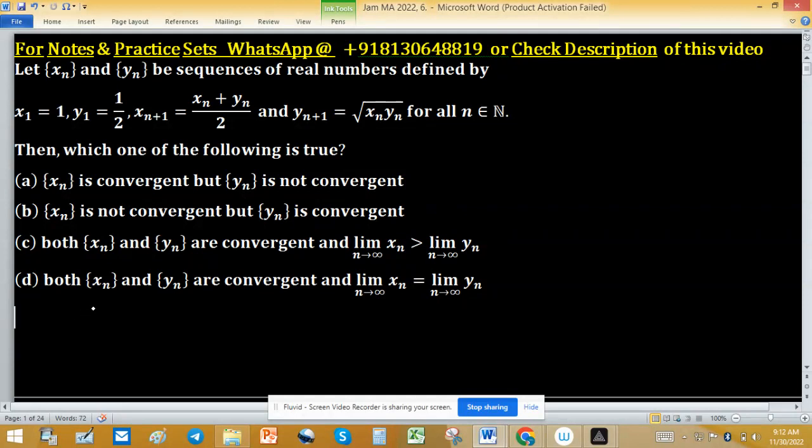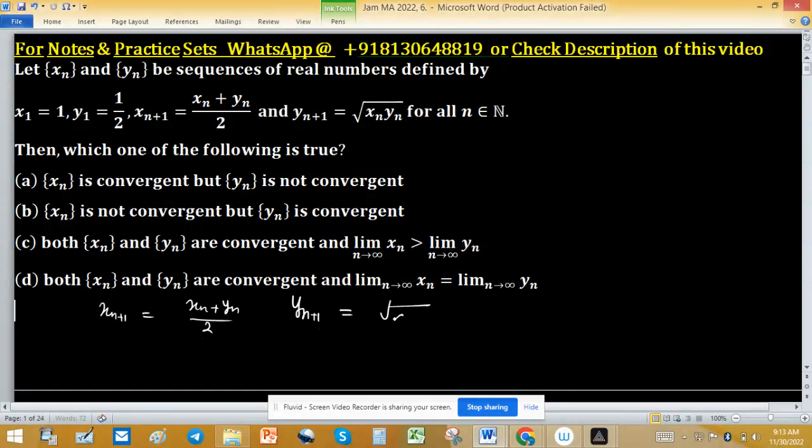So first, try to find a relation between x_n and y_n so that we can easily predict whether x_n or y_n is monotonic or bounded. As we know, x_{n+1} is given as (x_n + y_n) divided by 2, and y_{n+1} equals the square root of x_n times y_n.